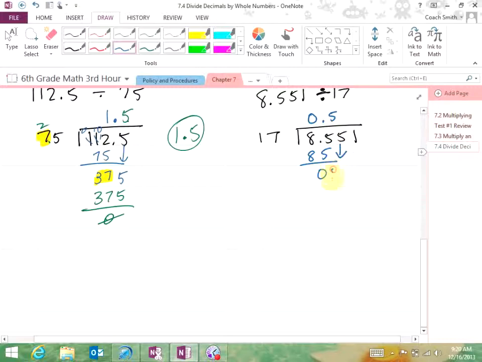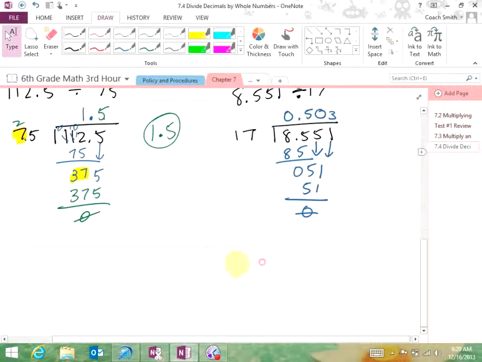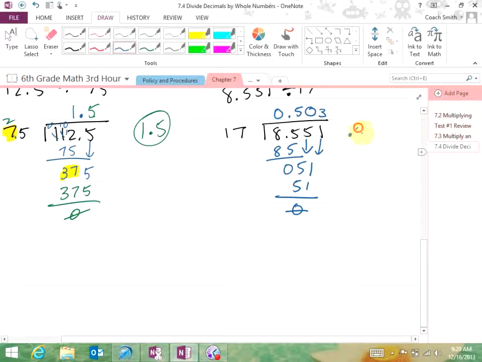Bring down your 5. 17 doesn't go into 5, so I put a 0. Bring down my 1. 17 goes into 51 3 times, that's 51. Remainder 0. So your answer is 0.503.